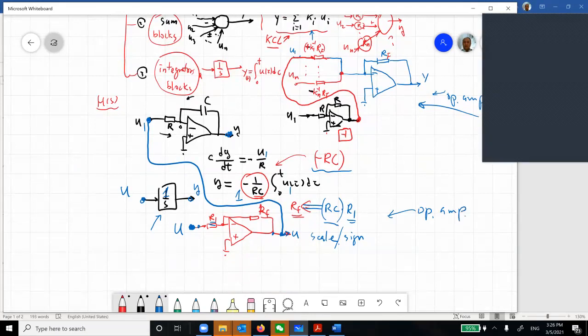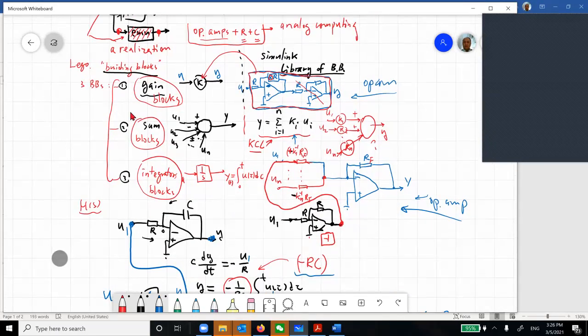So there are 2 levels. One is using 3 blocks: gain, sum, and integrator. Another one is op-amp, R and C, so you have another 3: one is op-amp, one is R, one is C, and many wires.